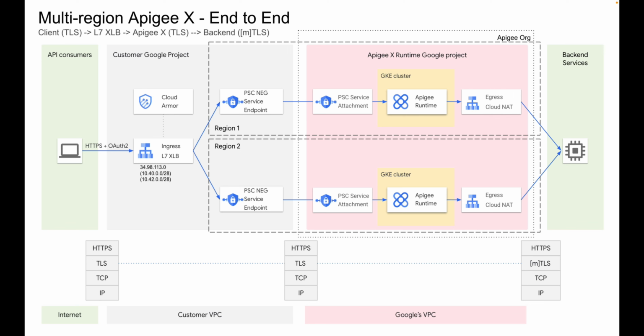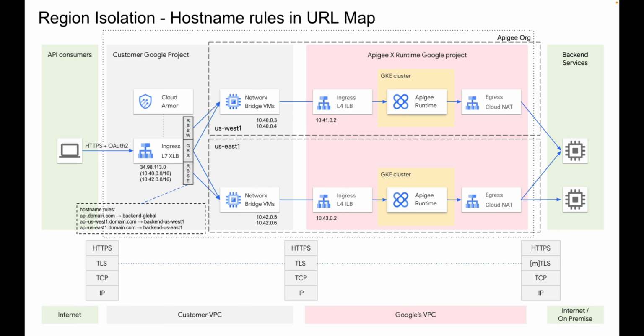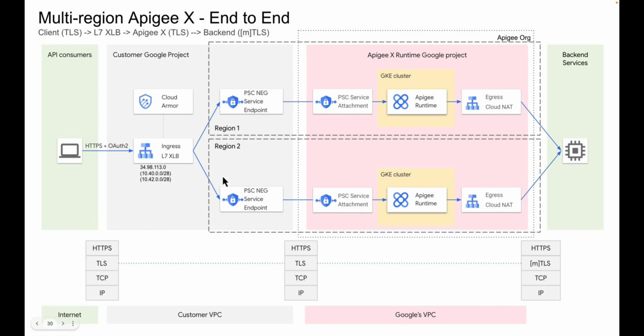PSC can also be used on an ingress external load balancer in case two regions are part of the Apigee organization. Okay, the only limitation we have here is health check. Health check is not available yet on a backend of type network endpoint group, where only outlier detection can be used to detect errors that occur at the Apigee runtime level and load balance the traffic to one specific region if needed.